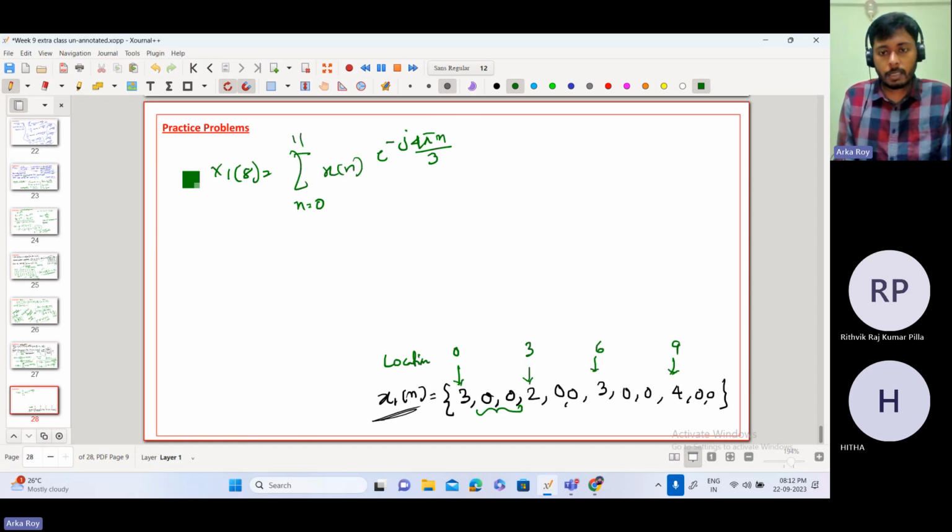Now let me check the first term: when n is equal to 0, e to the power 0 is 1, so it will be 3. Second, n is equal to 3.